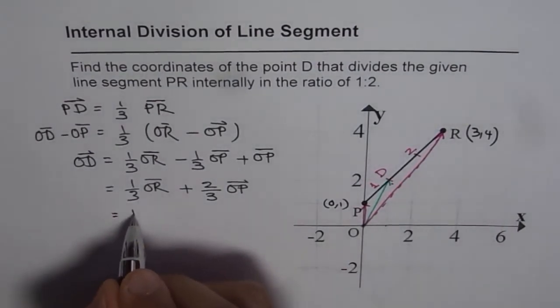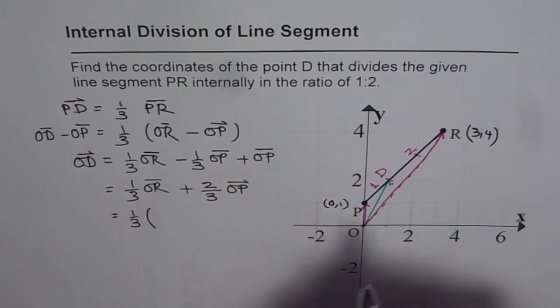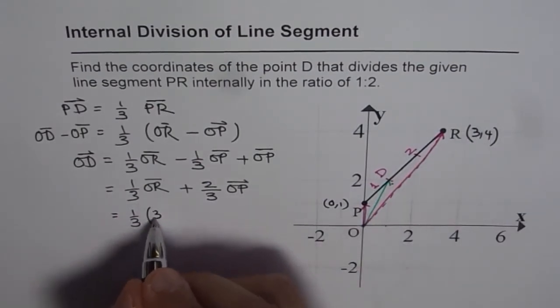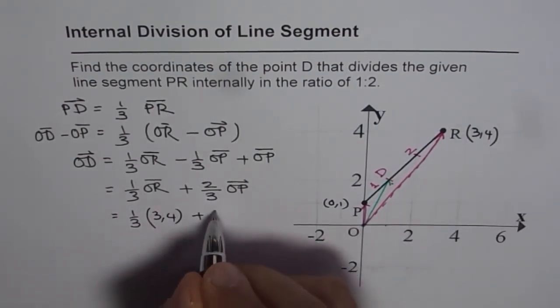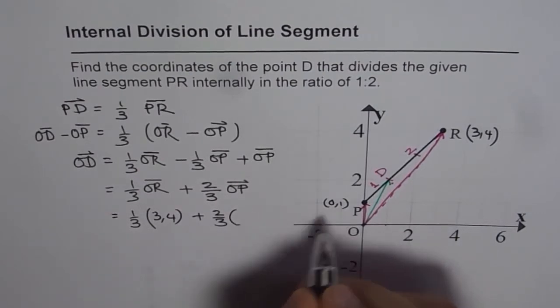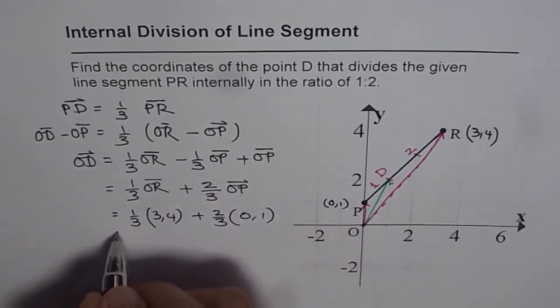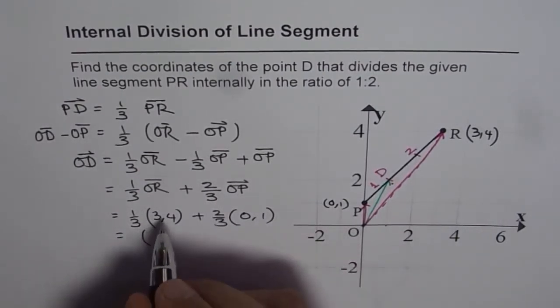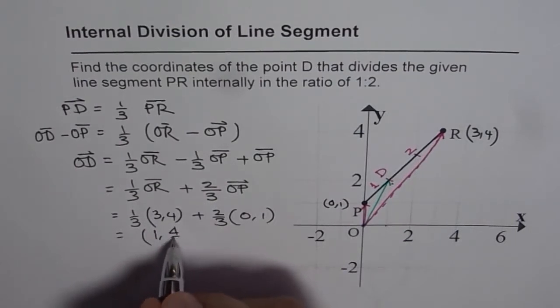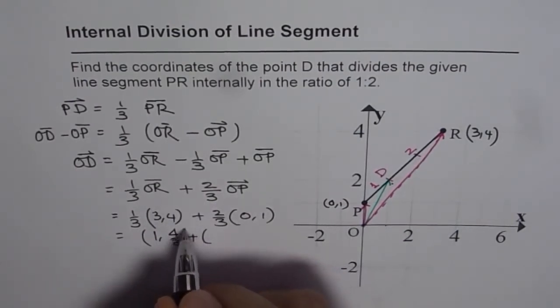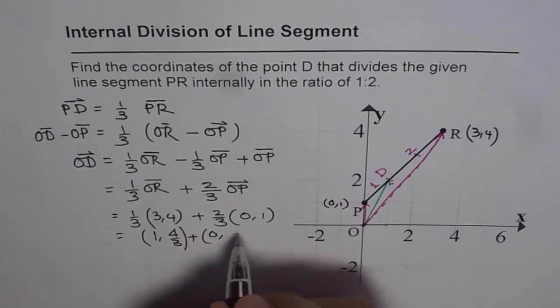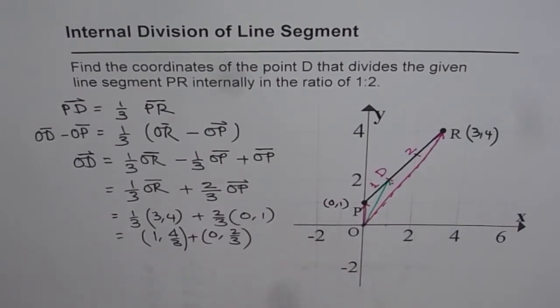So we can write this as 1/3 OR is 3, 4 plus 2/3 of 0, 1, and that gives us 1/3 of 3 is 1, 4 over 3 plus 0, 2 over 3, right?